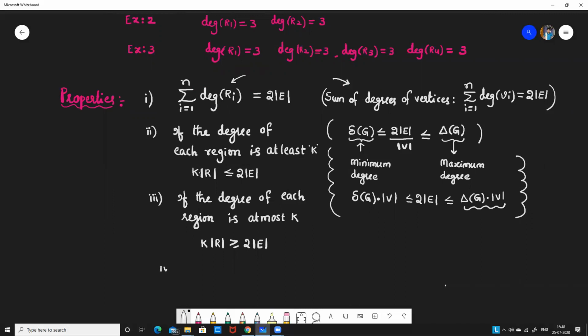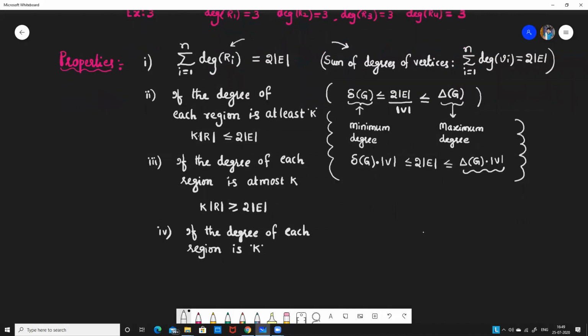Now the fourth property. Suppose the degree of each region is k. Now by using the sum of degrees of regions theorem, if the degree of each region is k, then how many regions do we have? R, the number of regions.